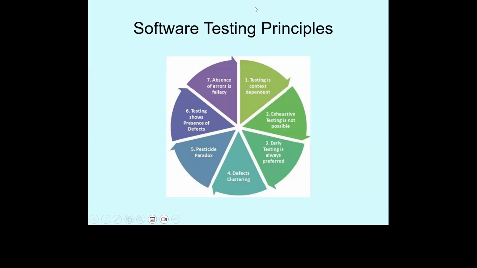It's not supposed to be. It might be, but it's not going to give you the full results you're looking for, because it should work on 4G perfectly. So testing is very, very context dependent.